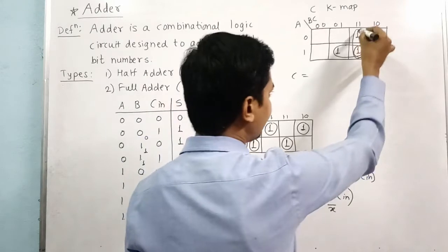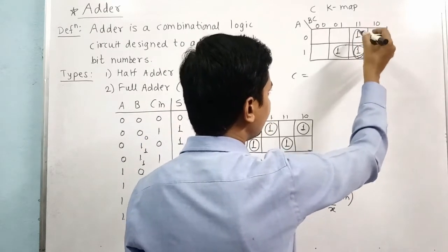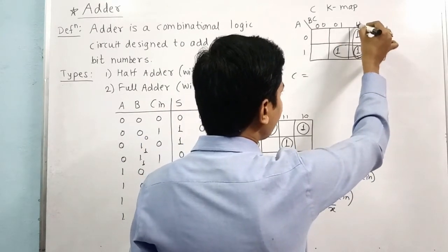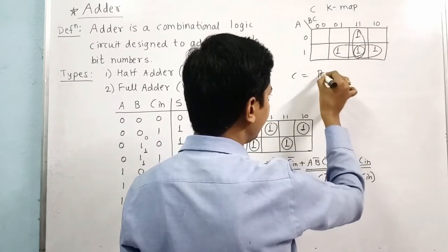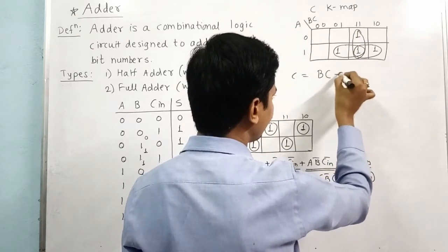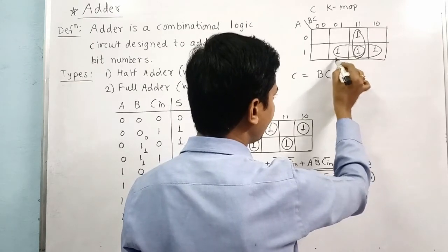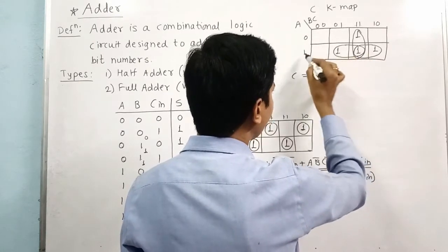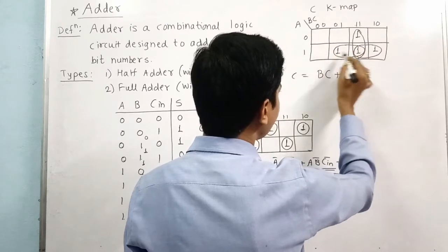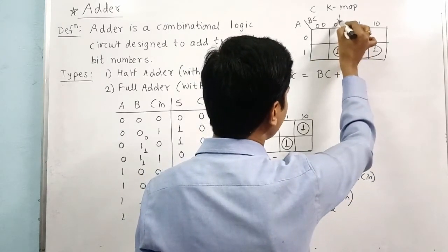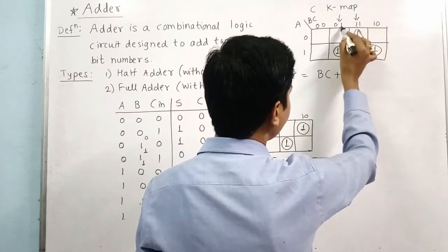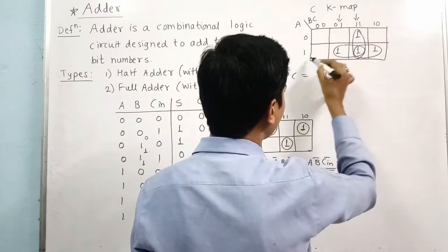For this vertical group of ones, this 1 1 is common, so we can write B and C. For this first horizontal group, A is common, and from these two groups the C term is common, so A C.